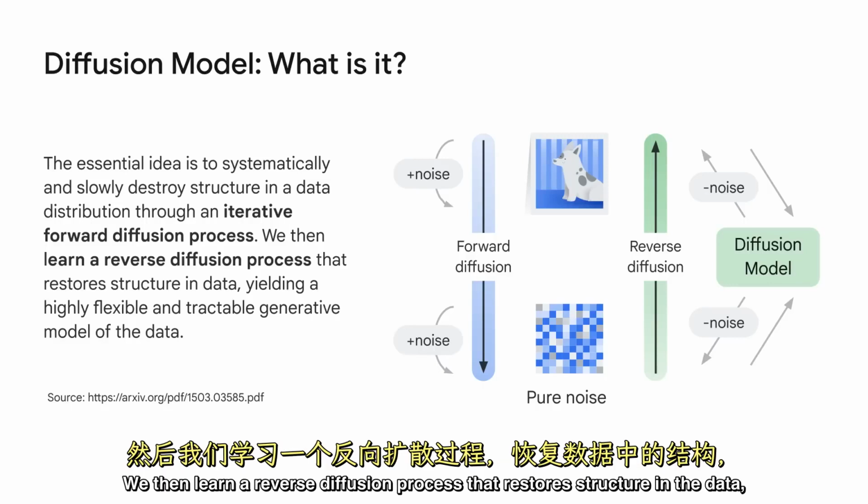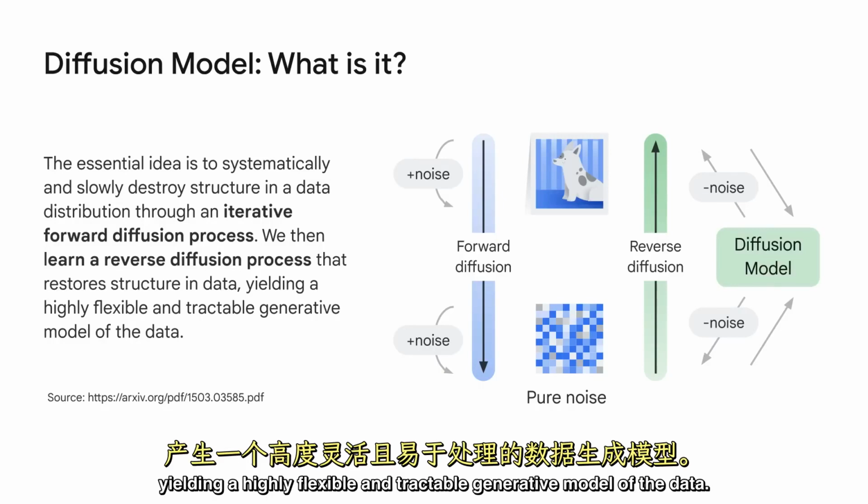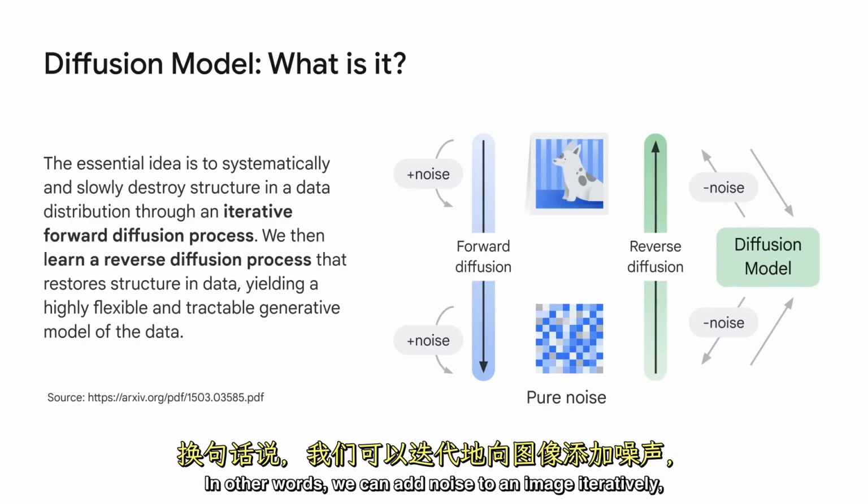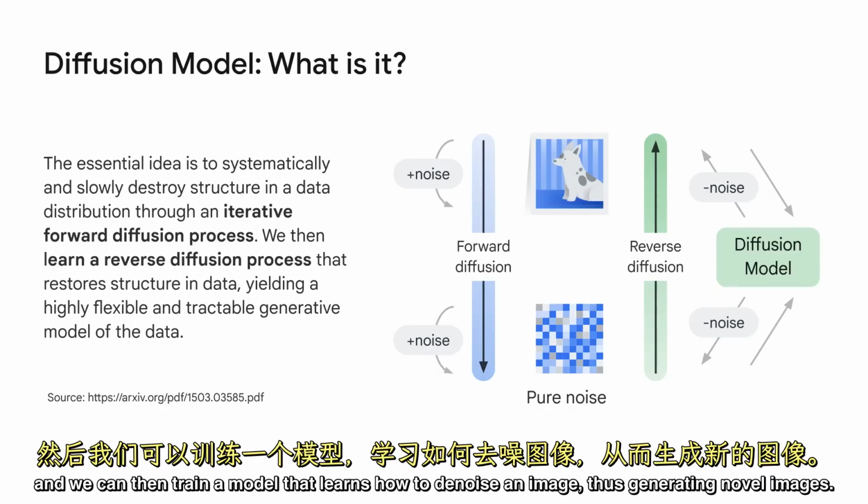We then learn a reverse diffusion process that restores structure in the data, yielding a highly flexible and tractable generative model of the data. In other words, we can add noise to an image iteratively, and we can then train a model that learns how to denoise an image, thus generating novel images.